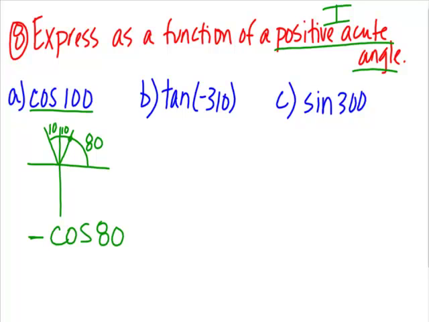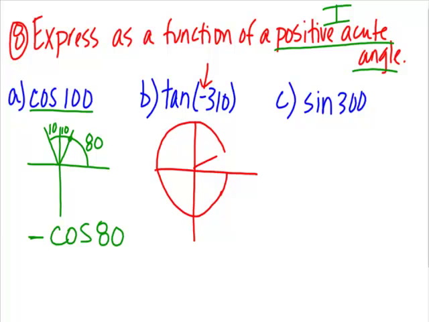Okay, tan of negative 310. Same old here. So I'm going to start my little trip around my unit circle, notice in the other direction. So negative 90, negative 180, negative 270. So now I got to go further. 280, 290, 300, 310. So I have just gone 40 more degrees into this direction, which means then that there is an angle that's 50 degrees up above the x-axis.